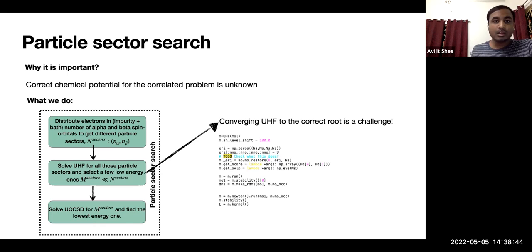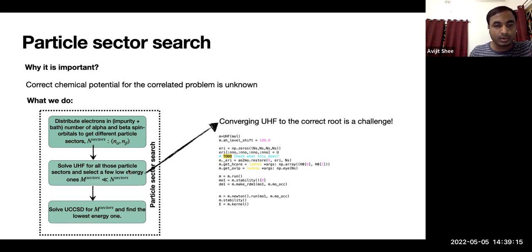So the approach we take is to find the lowest energy particle sector and assign it as the number of particles. So how can we estimate what the lowest energy sector is?